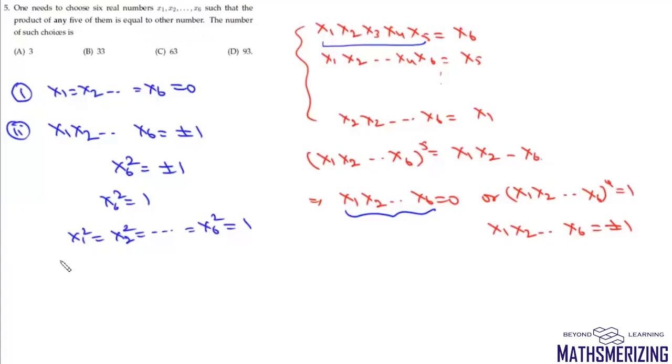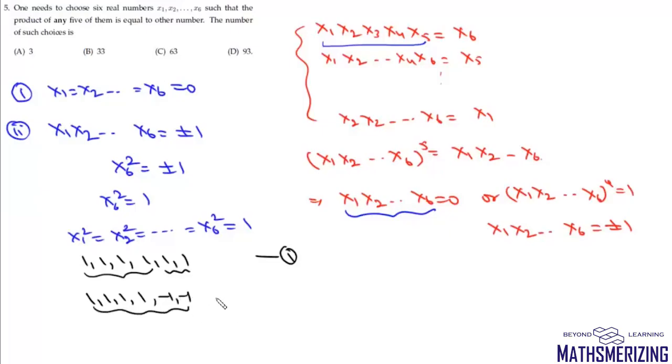So one possibility is when all these 6 numbers are 1. So that is one case. Another possibility is when 4 of them are +1 and 2 of them are -1. So it will be 1, 1, 1, 1 and then -1, -1. So the total number of such possibilities will be factorial 6 divided by factorial 4 factorial 2, which is simply 15. Next one will be when 2 of them are +1 and 4 of them are -1.